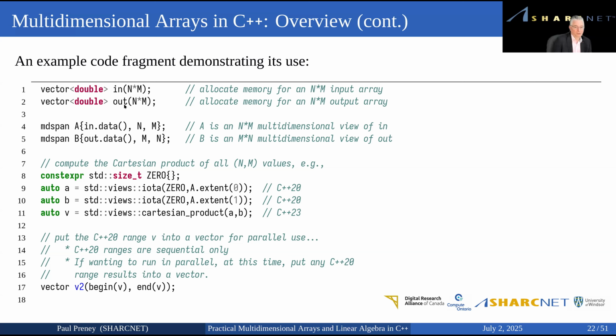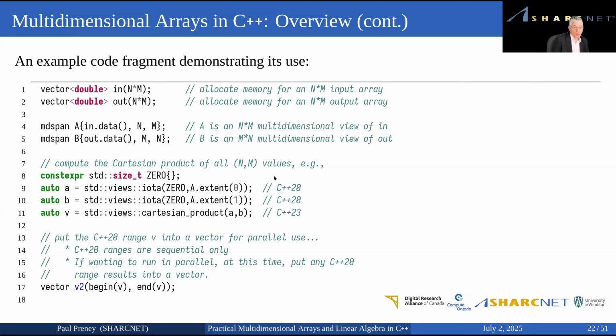And then I make another vector of n times m elements, all doubles, and I'll call that out. Now, I'm going to create an MD span, okay, of n times m for A, that's the in vector, and B for the out vector, m times n. So m and n, you know, don't have to be the same size here.